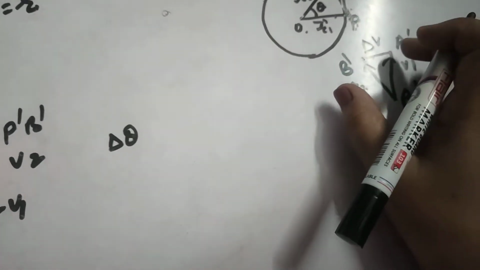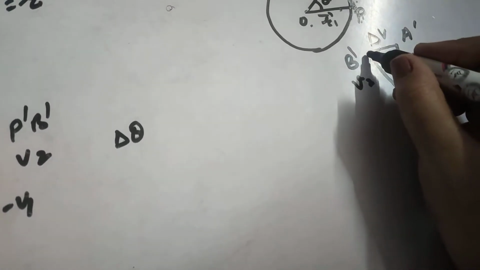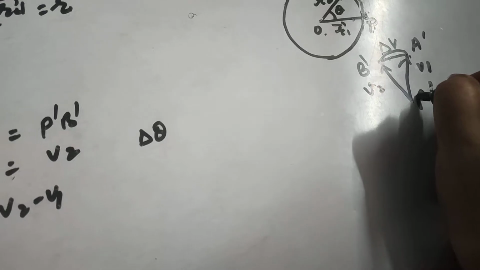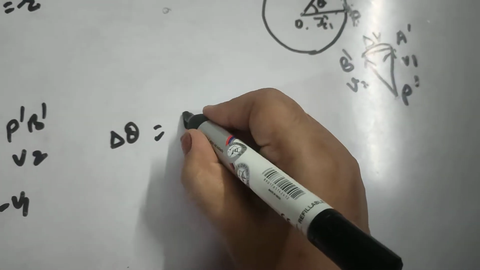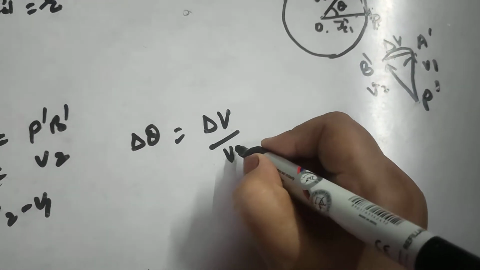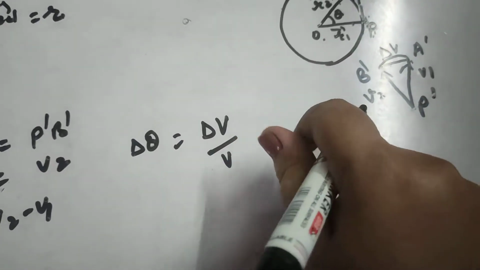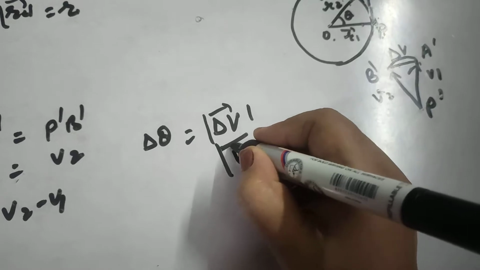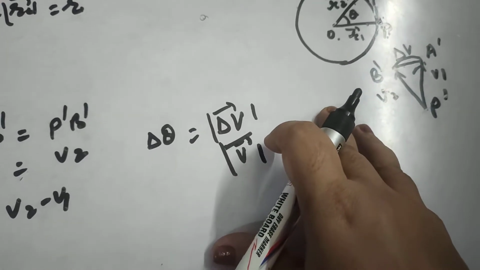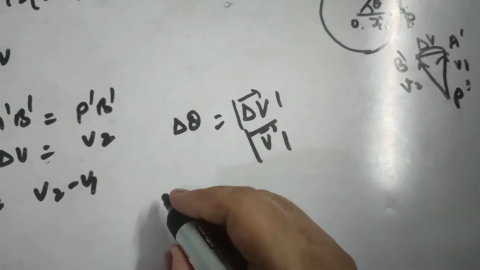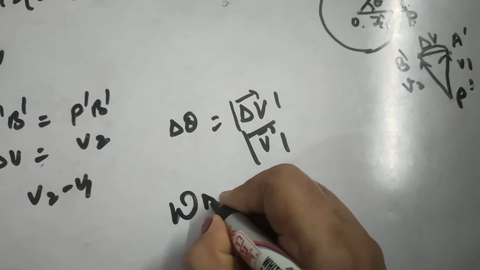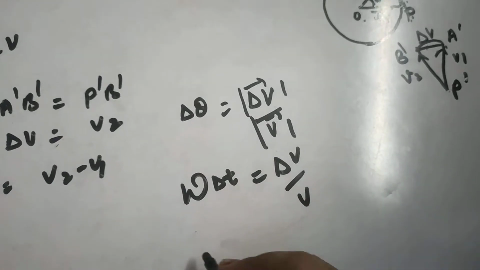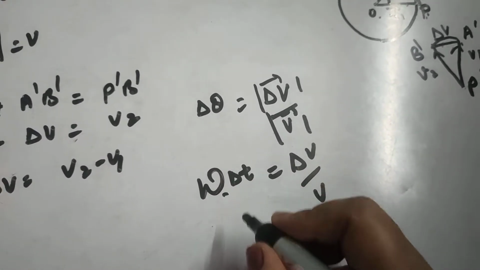If we assume this is an arc of a circle having length delta v and radius v1, then delta theta can be represented as delta v by v1, which is equal to delta v by v in magnitude. So we write magnitude terms only. Delta theta is omega delta t, which is equal to delta v by v.